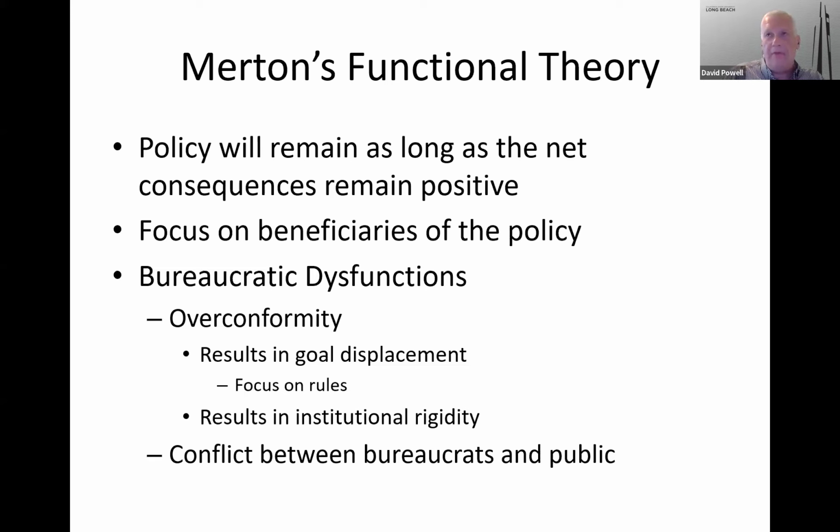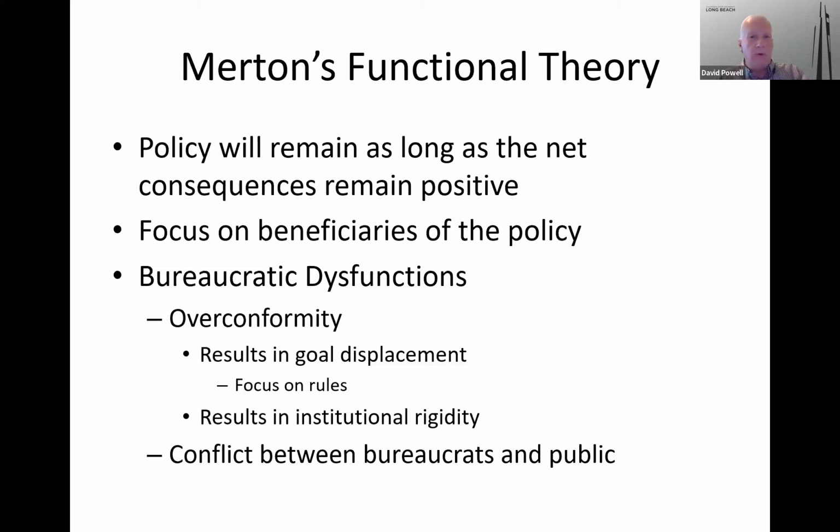We saw that the problem was defined as not being a problem with the bureaucrats, but instead with the bureaucracy. It wasn't that administrators weren't doing their job. It was that this institutional rigidity and this dysfunction of goal displacement was causing people to be dissatisfied with the federal bureaucracy and to not have their needs met by the actions taken by these federal agencies.